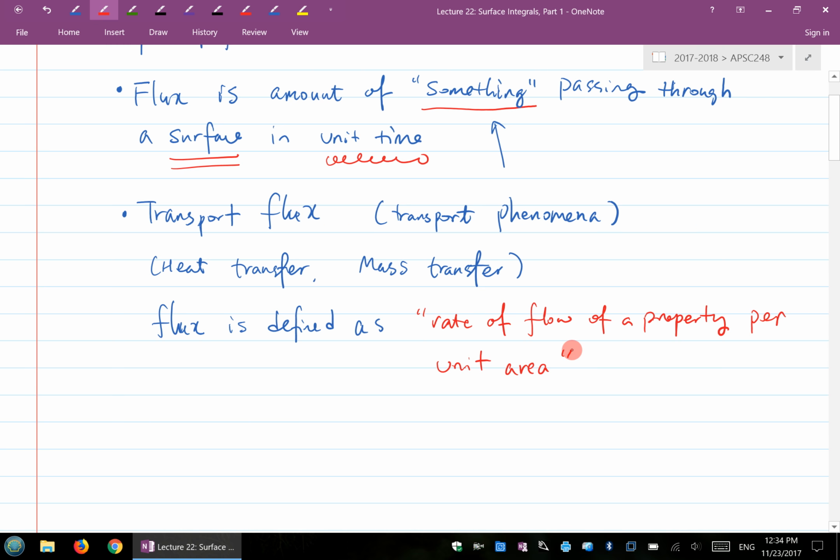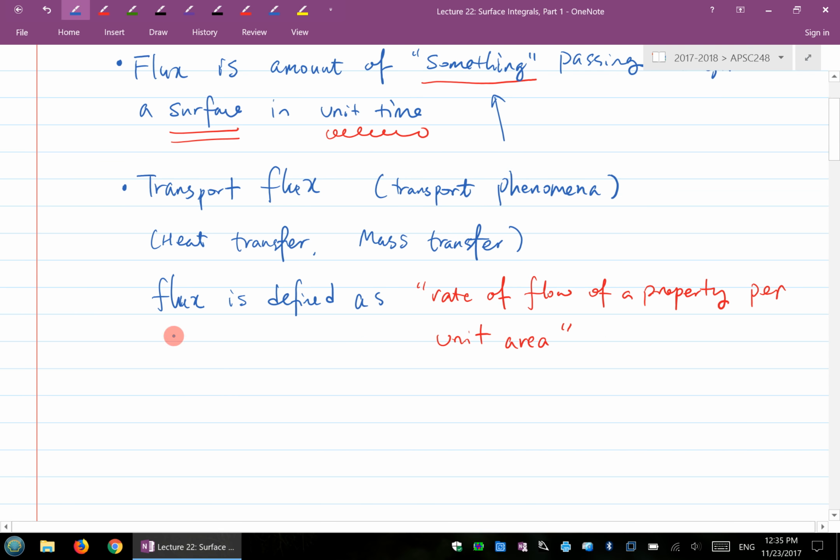So it's something, a fluid or heat or mass. There's a rate of flow of this property, so how much, for example, distance travels per second, that's rate, per unit area, basically going through a unit area, a small area. So that would be the definition of flux in this area.